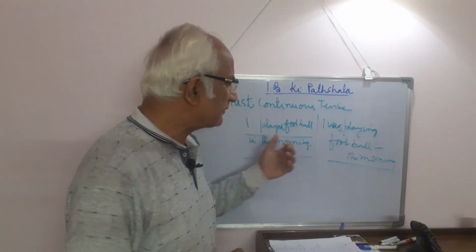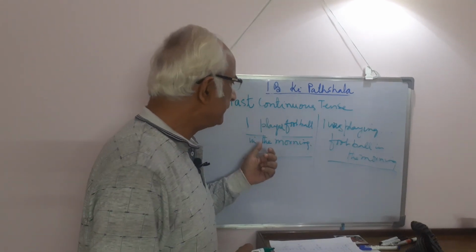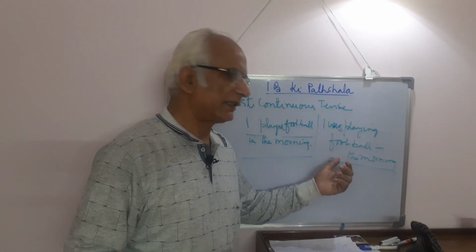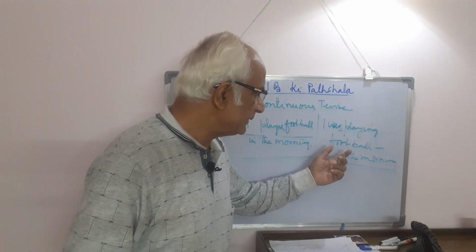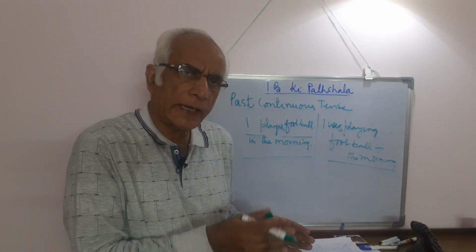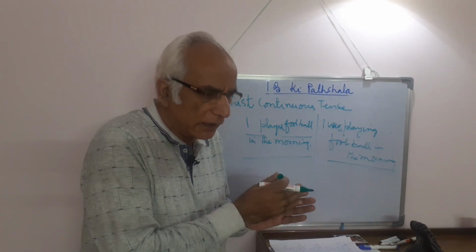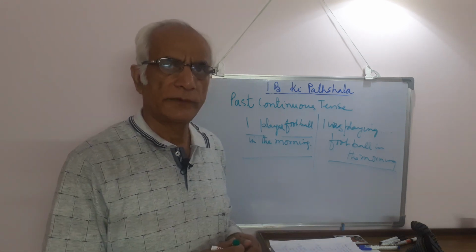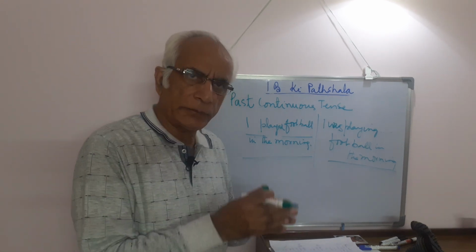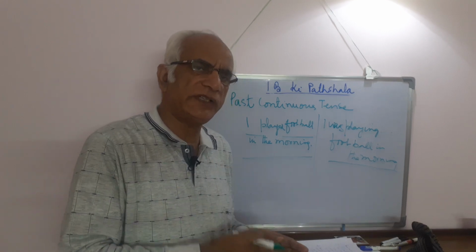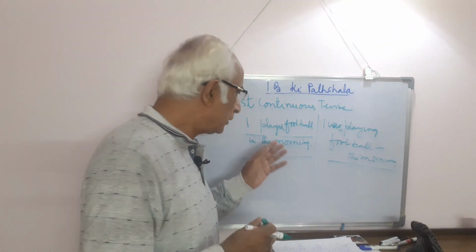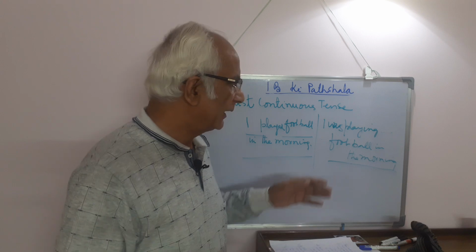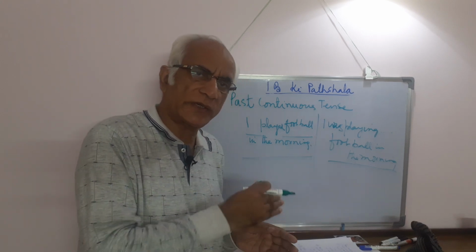Okay, so that's the difference between simple past and past continuous. It means an activity that happened in the past and continued for some time. This activity happened in the past and is over by the time we talk about it. When we talk about this activity, it is over. Here it happened in the past for some time.